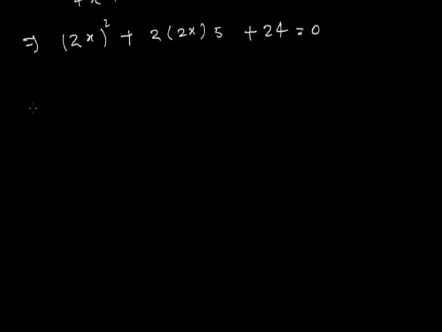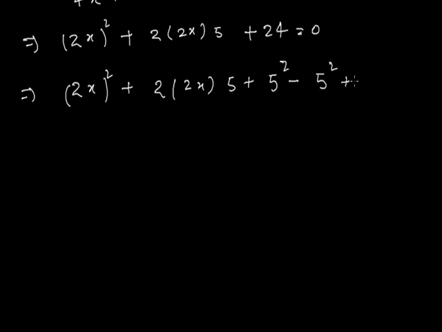To make the square of 2x plus 5, we have to add and subtract a term 5 square, as 5 square plus 24 equal to 0.